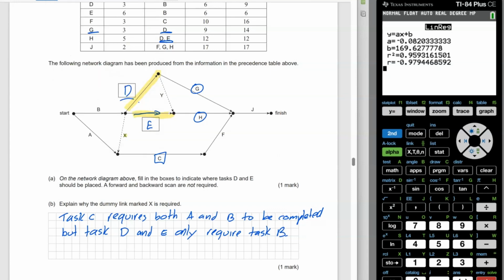So again, going back to our diagram, we've got B coming through. D and E need only B and B only, but task C down here needs both A and B for it to come down and then go. So task C requires both A and B to be completed, but task D and E only need task B. So you've got to talk about both of these.